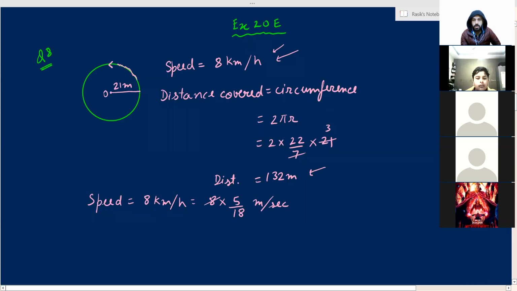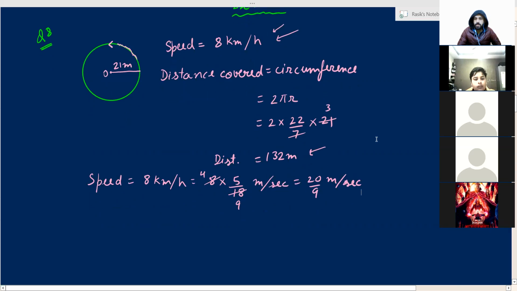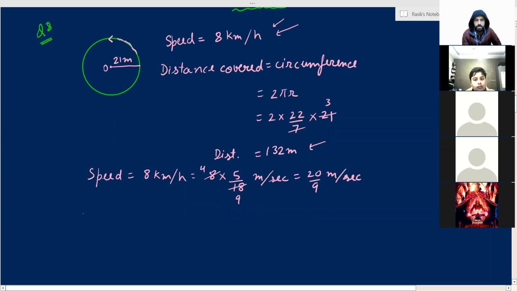Now what do we get? We get 20 upon 9 meter per second. This is the speed in meter per second. Now the distance is in meters and speed is in meter per second. Now we can find the time easily.